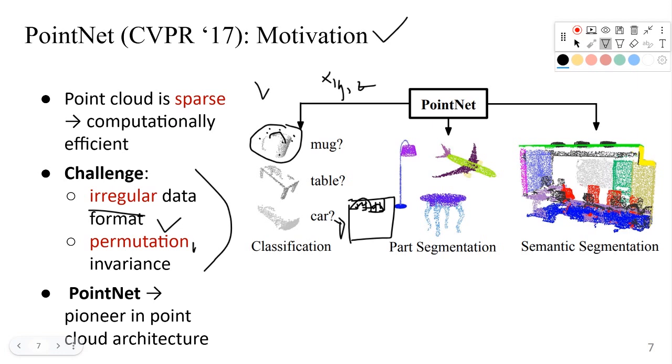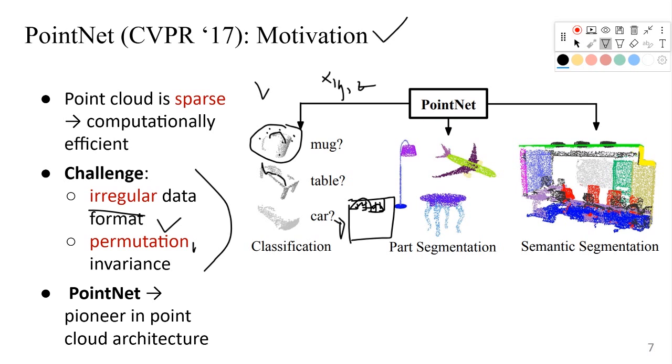The challenge in the point cloud is that it is permutation invariant. It means that if we shuffle the order of the points, like in this table here, the point cloud is exactly the same. With another order of the points, the table itself is exactly the same. So a 3D backbone should also have this property.